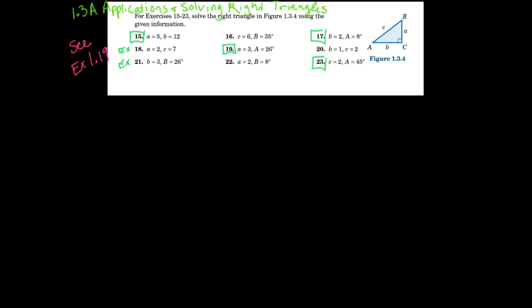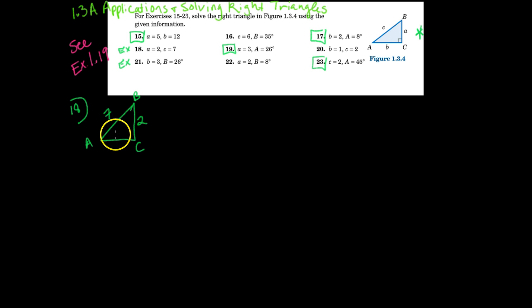The first thing, I thought I'd jump to solving right triangles. So you're given your triangle right here. Once again, it's that typical triangle, and if you did lesson 1.2, you should have a good understanding of trig ratios. This is number 18 I'm going to start with, and I'm given side A, which is opposite angle A, so that's 2, and I know that C is 7.